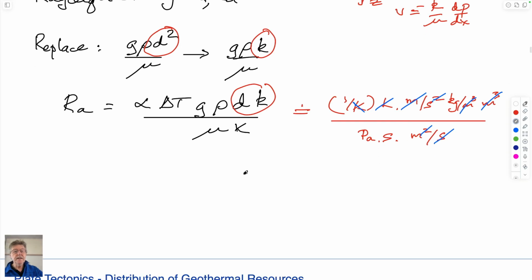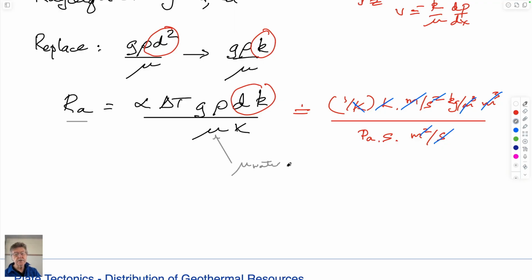So the bottom line is that the Rayleigh number, which controls whether it will convect or not, is again controlled by the ratio of the forces promoting buoyancy and the forces resisting buoyancy through viscosity. This is again the thermal diffusivity, and this would be the viscosity of water.